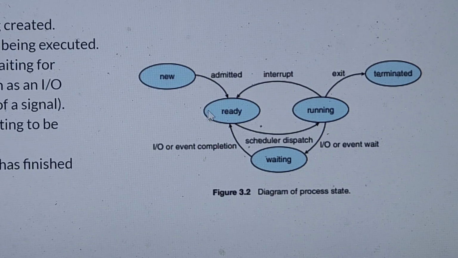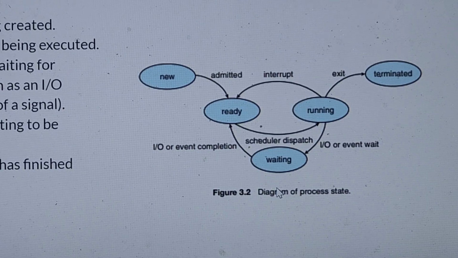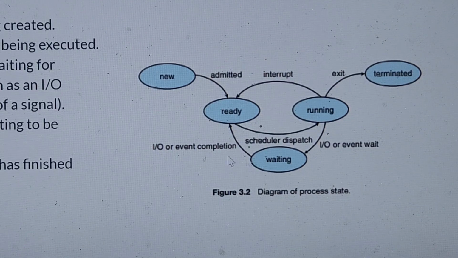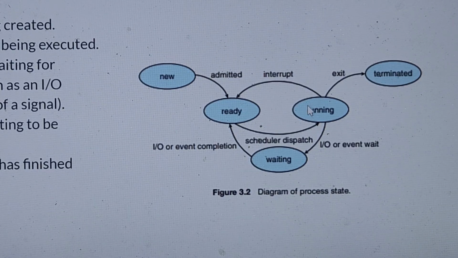It will go back to the ready queue and it will wait for the scheduler or the scheduling part of the OS to assign it to a CPU. It cannot directly walk back to the CPU and ask to be executed, because the OS is the only authority who has the power to tell the processor which process to execute at what time. So once the dependency is fulfilled, it goes to the ready state. Again, the scheduler will send it here, it will run.